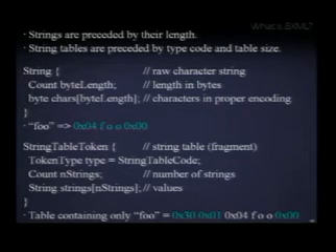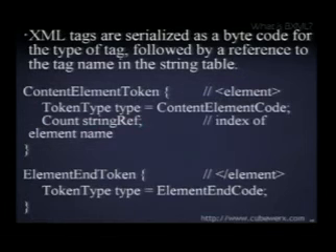If it's a string table, that would be preceded by a type code that indicates that it's a table. So these are the kinds of things that, if you're recovering data from within an event, if you got a fragment, this is the information that you would use to interpret the data. And finally, for the XML structure, each element is going to be in the tree structure of the document.